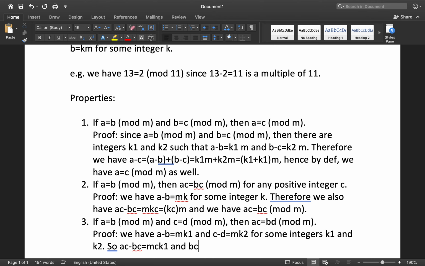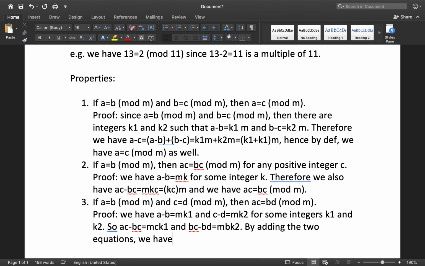Then you have BC minus BD equal to MBK2. Now you see that you can cancel the two BCs in the two equations. That means you just add them up and you will see something you want.